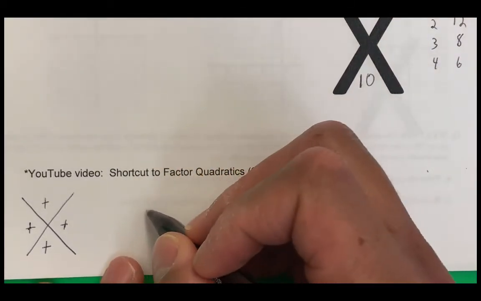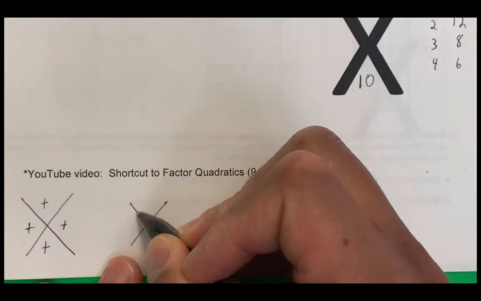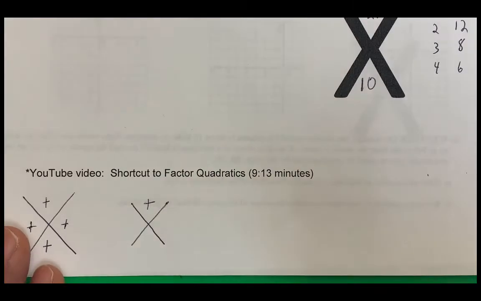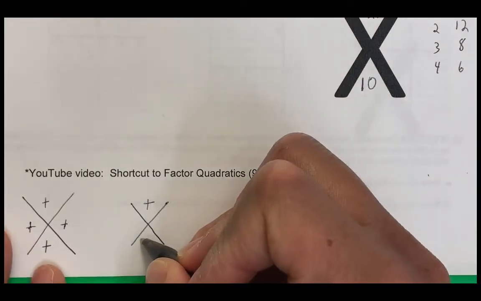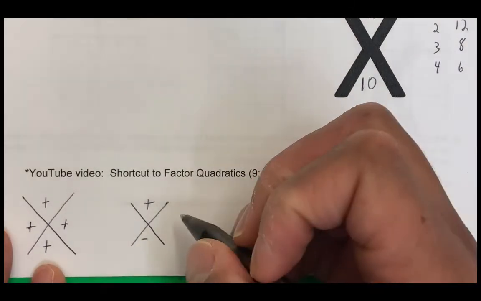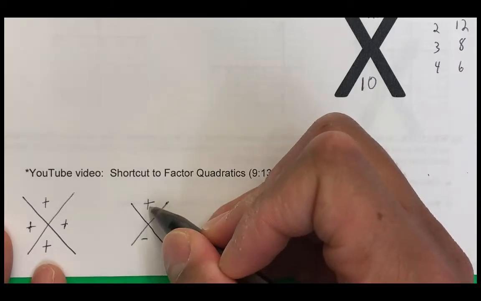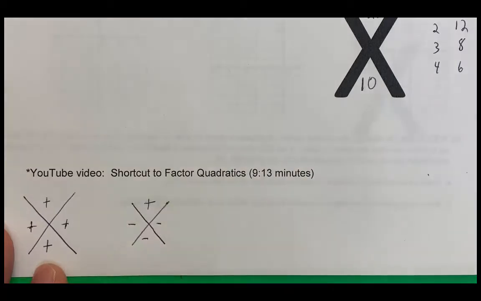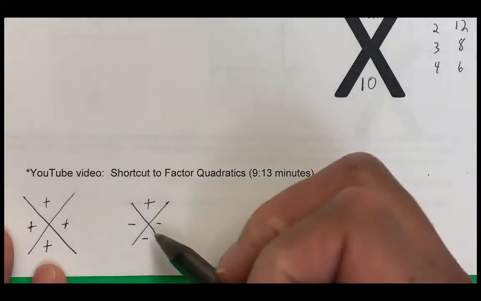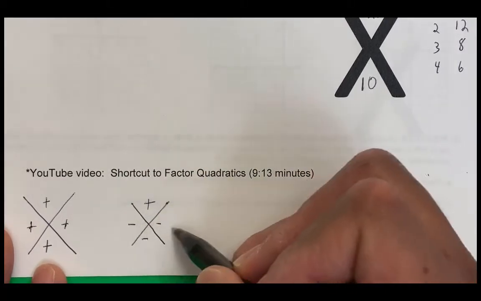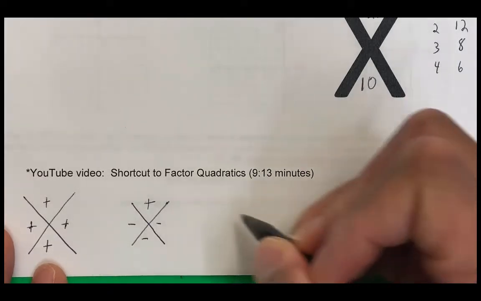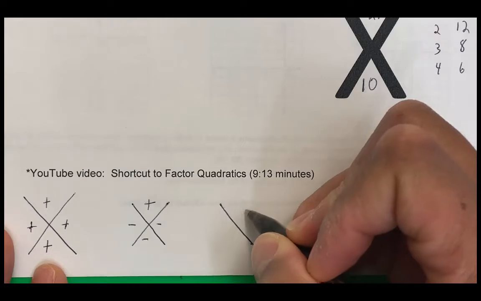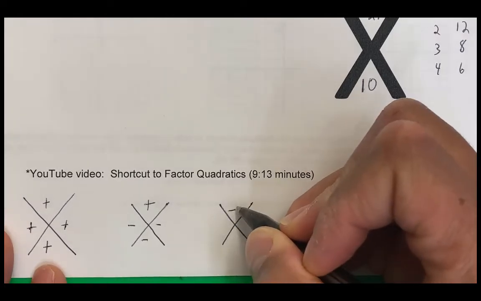Now, let's say we've got a positive number up top, A times C is positive, but B on the bottom is negative. Well, in order for it to multiply to a positive number but get to a negative number, both of these numbers also have to be negative. So we would need two negative factors here. Where it gets tricky is like in our case, where A times C is negative, okay?